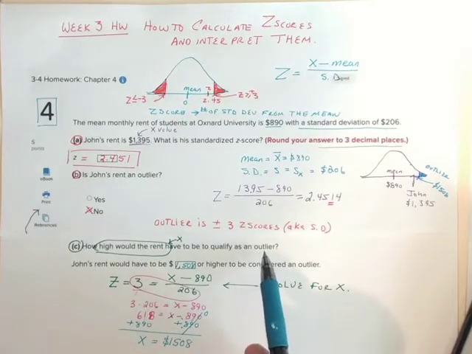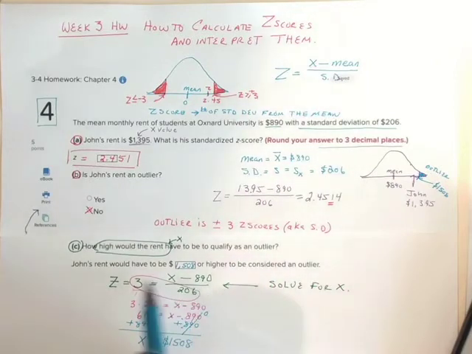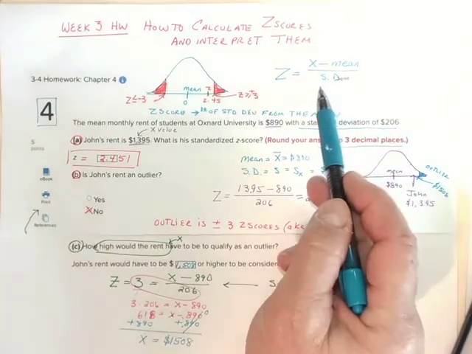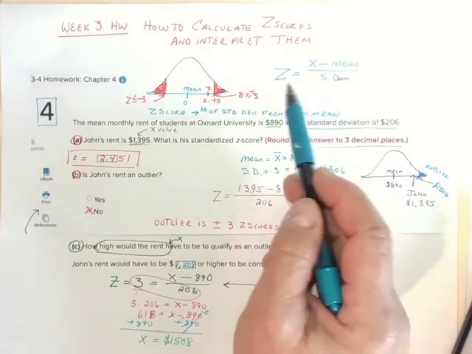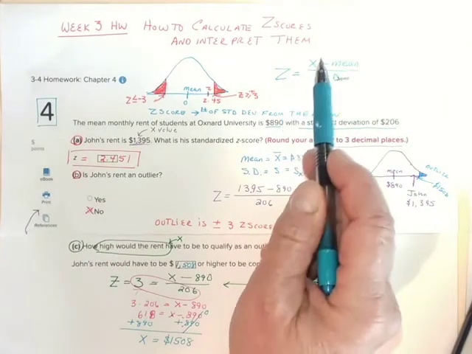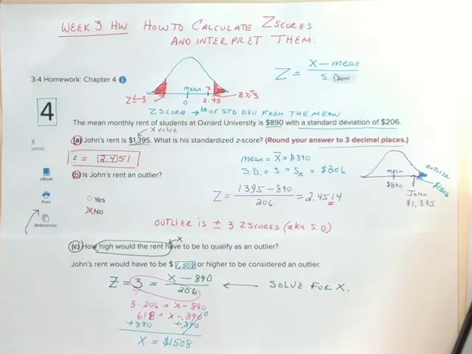And if you want to identify what the value is to be an outlier, then you have to use this equation, substitute the z for 3, and solve for x.